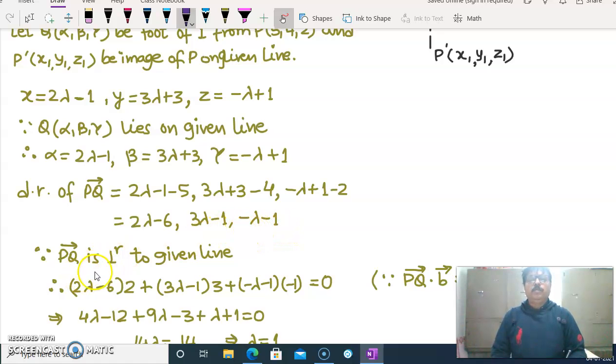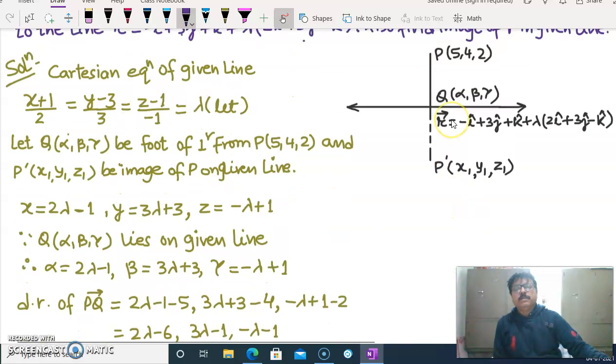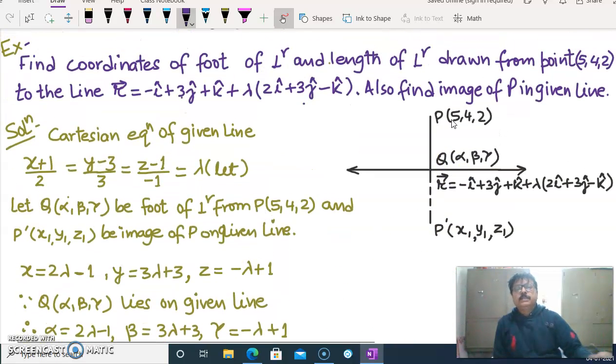We all know that PQ is perpendicular to the given line, therefore a1a2 + b1b2 + c1c2 = 0, or we can say the dot product of PQ and B vector is 0. B vector is the vector to which this particular line is parallel, correct?